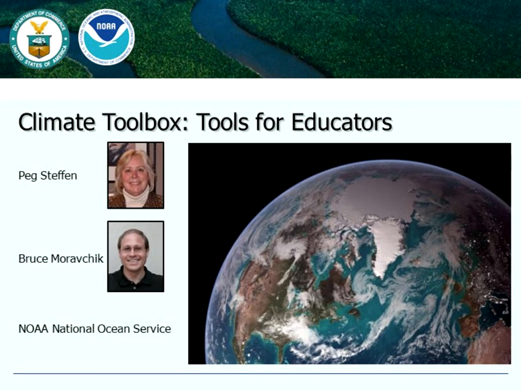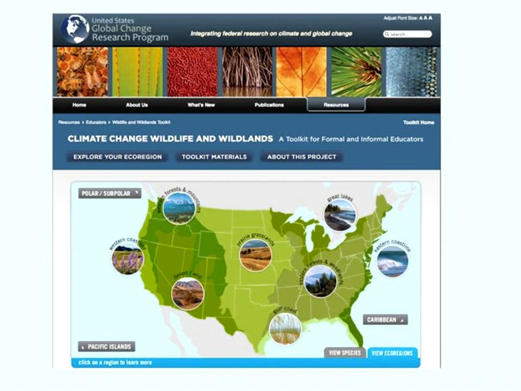I'm going to start with the one that you might have seen already that is posted on the United States Global Change Research Program website. That website is globalchange.gov. I'm going to switch to that very quickly.